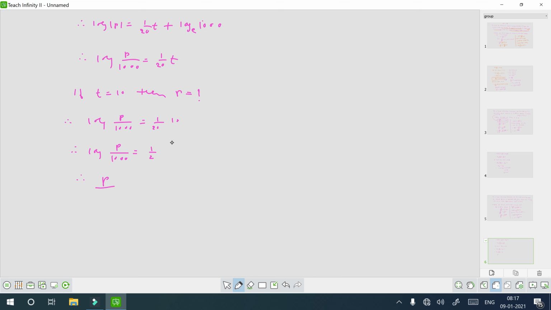So p over 1000 is equal to e raised to 1 by 2, means e raised to 0.5. So p is equal to e raised to 0.5 into 1000, and e raised to 0.5 is given to us, that is equal to 1.648 into 1000. So what we get? That is equal to 1648.